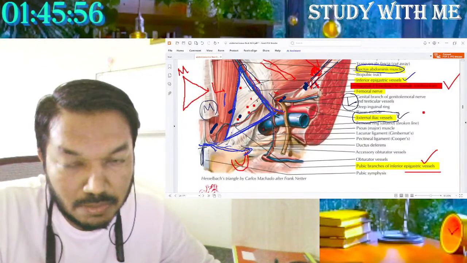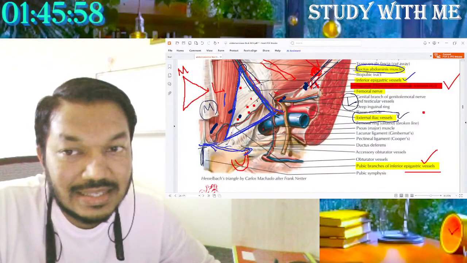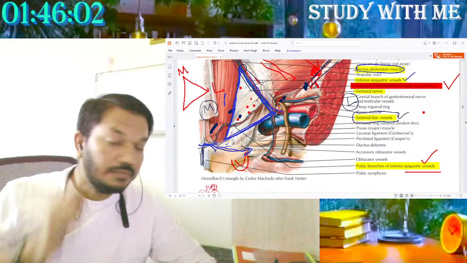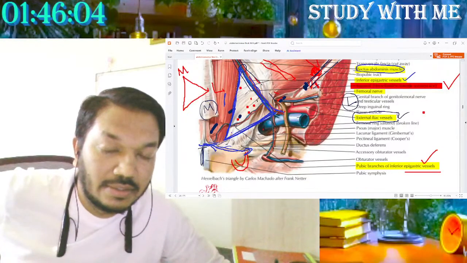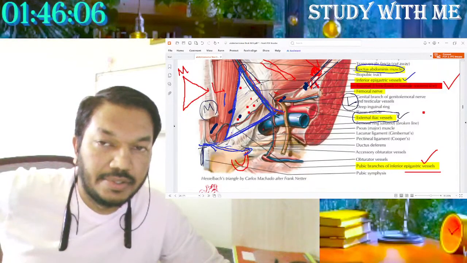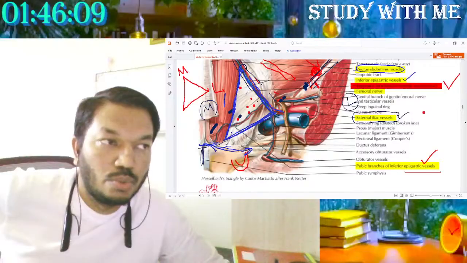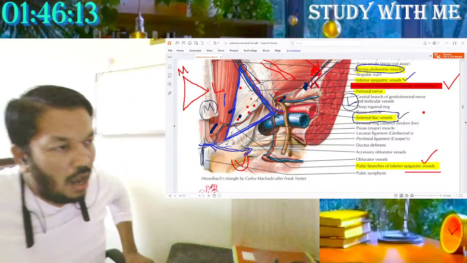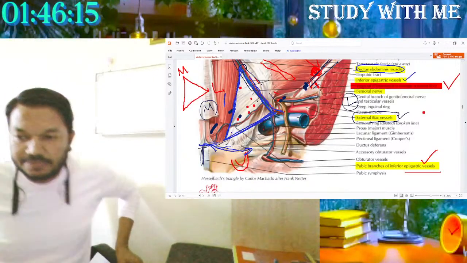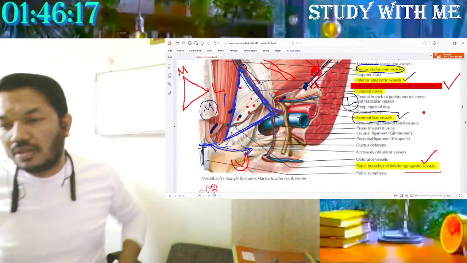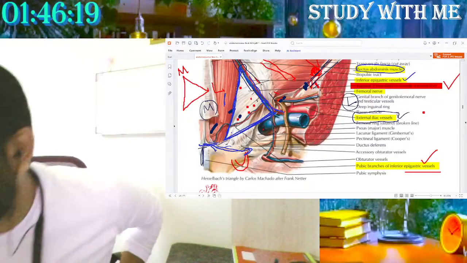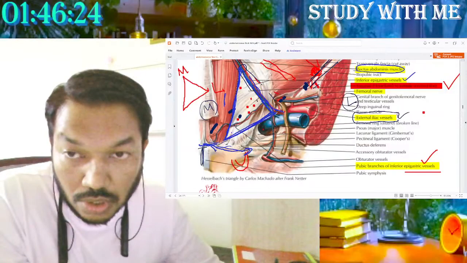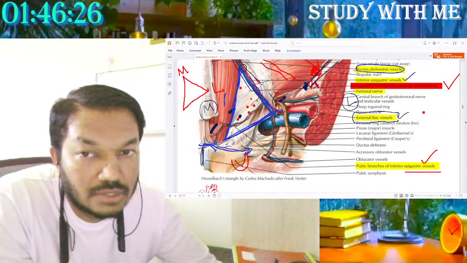Hasselbalch triangle. It is important. Superior laterally, the inferior epigastric vessels. So in this area there is no muscular part.